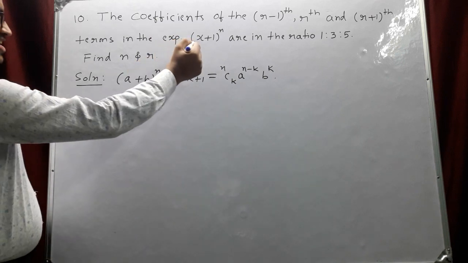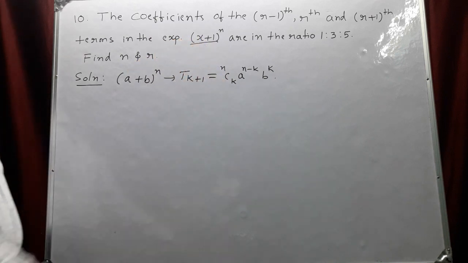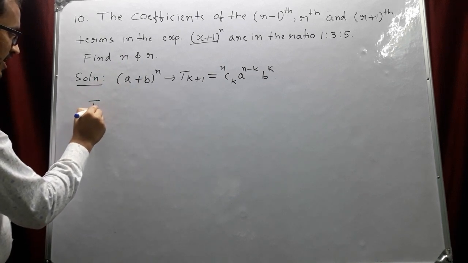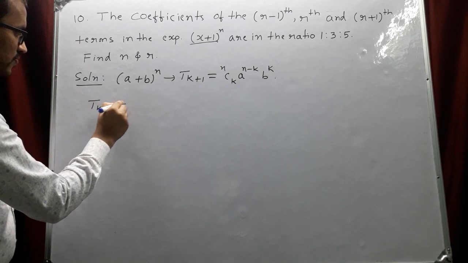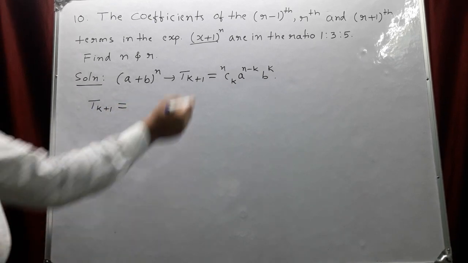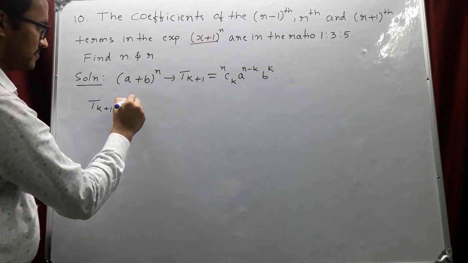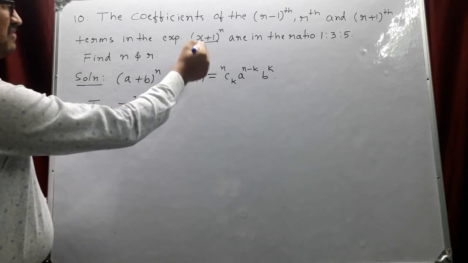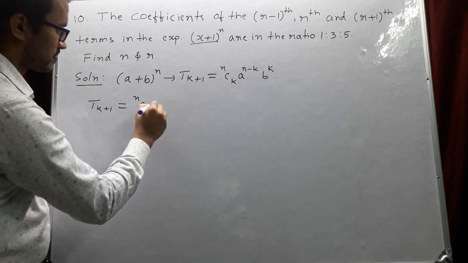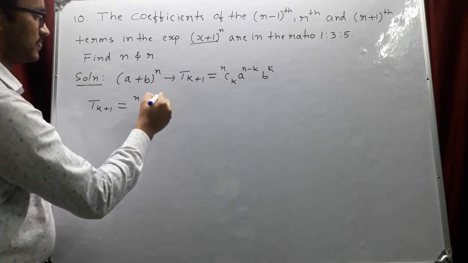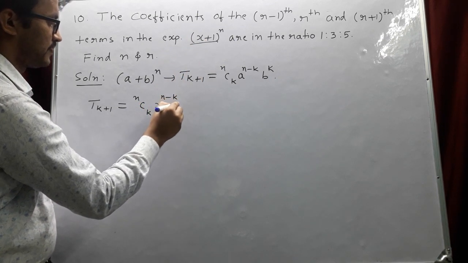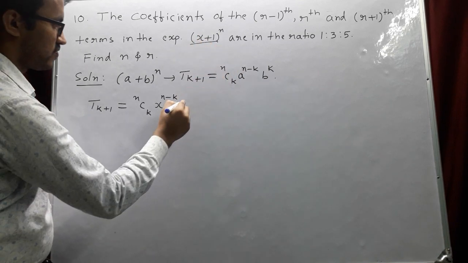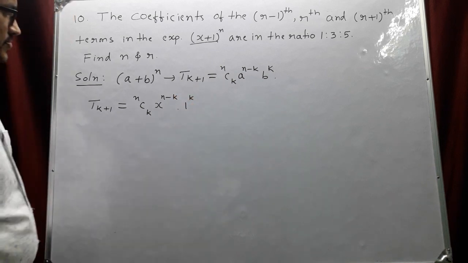Now the general term for this expansion (x+1) power n is given by T(k+1) is equal to, the index is the same, nCk. In place of a, what do we have? x. So x power (n−k) into b, where b value is 1 power k.